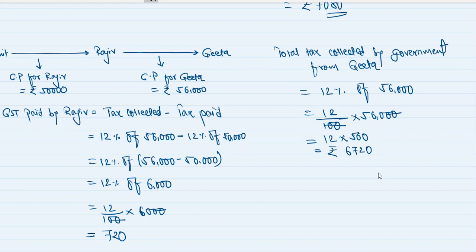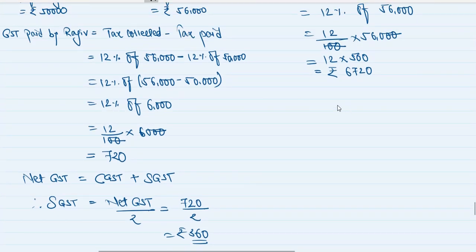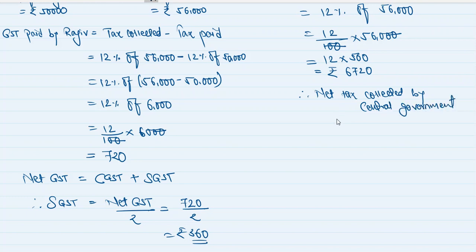Now, out of rupees 6720, the net tax collected by the central government, that is CGST, is equal to 6720 divided by 2, which is 3360.